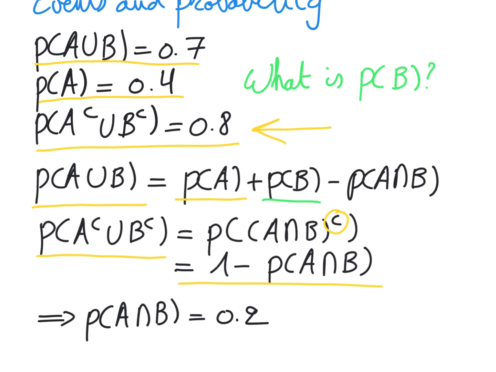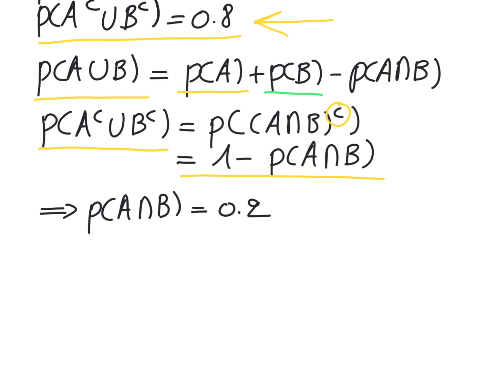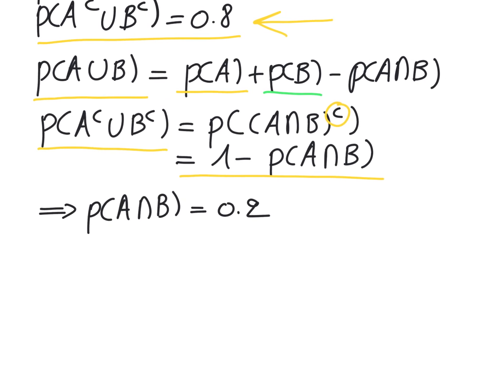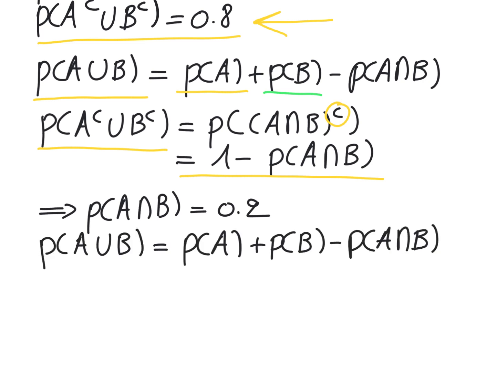Okay, so now we can finish up. Again, we will use the sum rule that we already wrote down. And let's just plug in all the necessary values. I've written down the sum rule once again, and let's see whether we can use it now to determine the probability of B. Okay, so the probability of A union B was 0.7, and that was given at the start of this exercise.